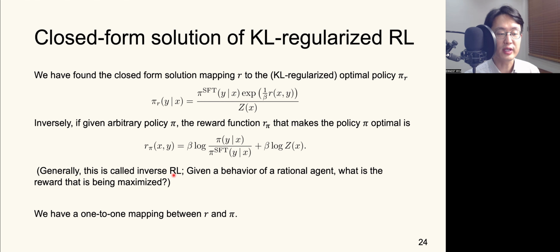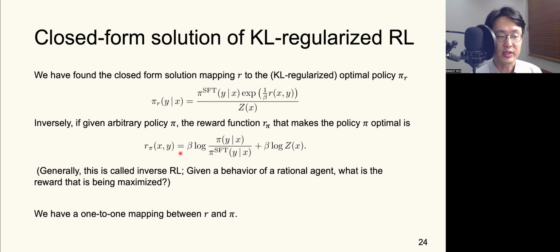And then you assume that the agent is being rational. So given the observation of the agent's behavior and given the assumption of rationality, you try to infer what is the reward that the agent is trying to maximize. That's what inverse reinforcement learning does.